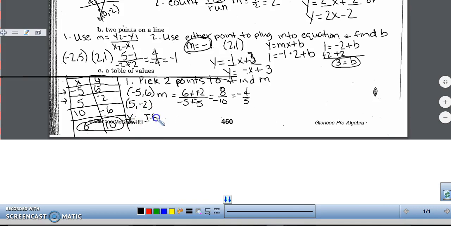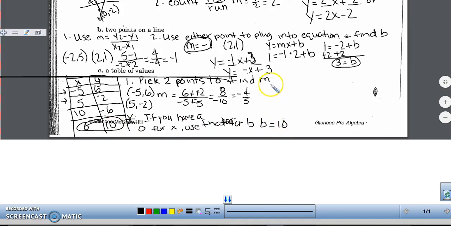If you have a 0 for x, use that for b, because anytime x is 0, that's your y-intercept. So my b would equal 10.